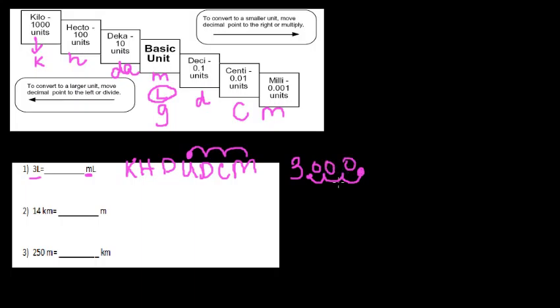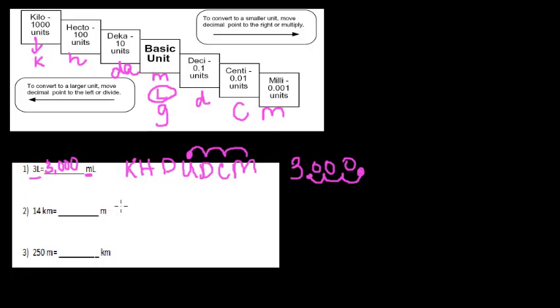Put the zeros in the blank space. 3,000 milliliters. I've taken that 3 liters, that big unit, and I've split it up into little groups of milliliters. So yes, this number is going to be larger.